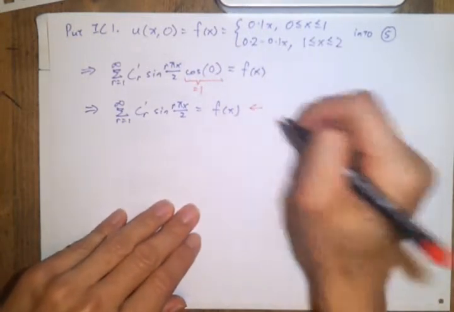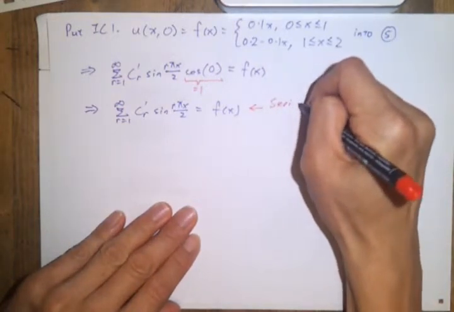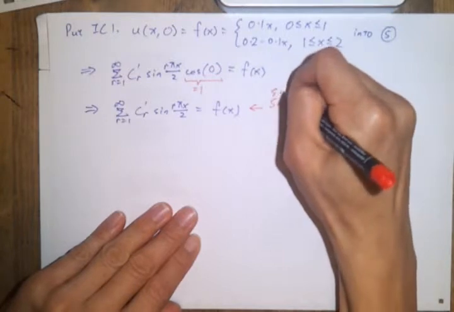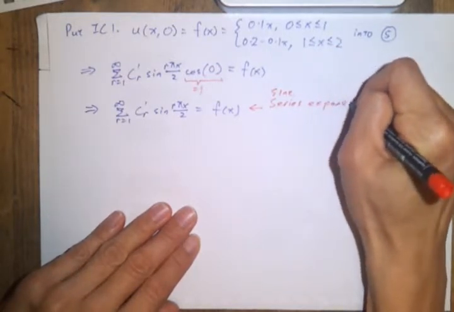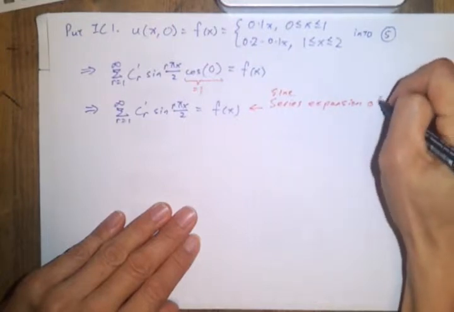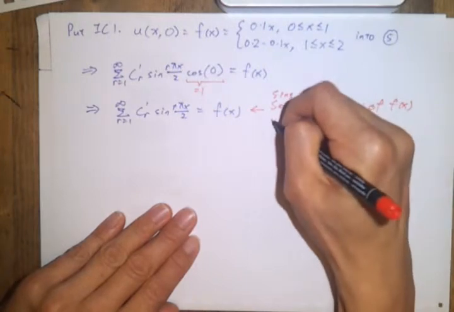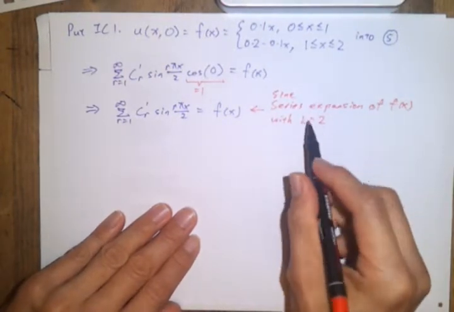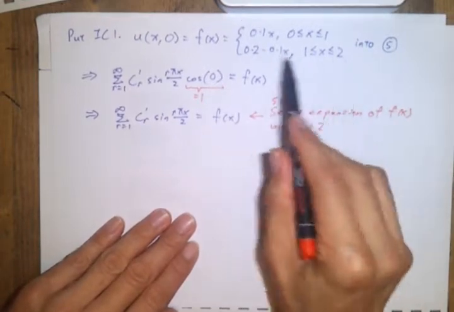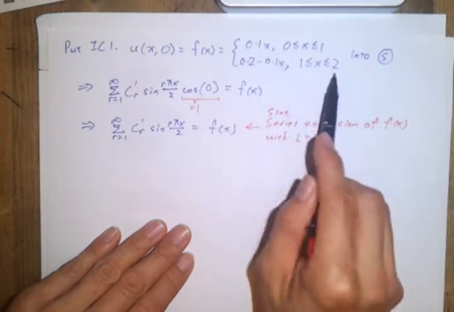This is a sine series expansion of f(x), with L equals 2. Remember, L is half the period, so your function f(x) is defined from 0 to 2.